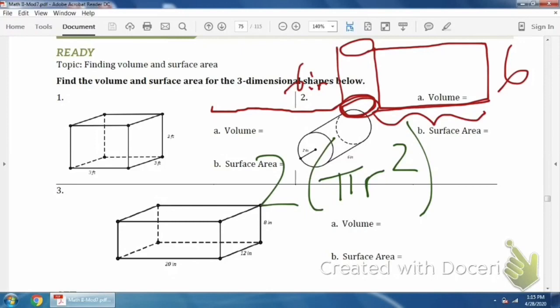So for the circumference, we know that the radius is 2. Circumference is 2 times pi times the radius, so the circumference of the base, this right here, should be 4 pi. So we do pi times the radius squared times 2, and then we add 4 pi to it. Alright, that's the ready.